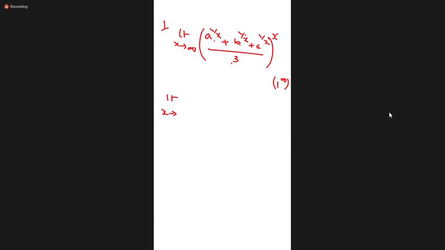So what we have to do? Shift the power. The function we have to write as function minus 1, that is, (a power 1 by x plus b power 1 by x plus c power 1 by x) by 3 minus 1. Limit x tends to infinity. Take LCM.